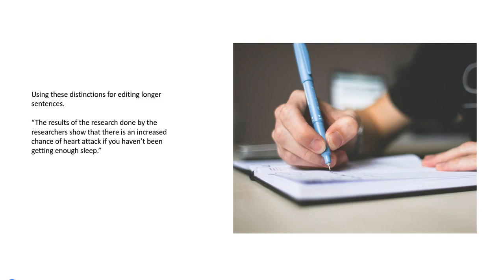The results. Are the results the actor in the sentence? Are they the agent? Who's doing the action? And can we get the actor in the subject position? I think the actor in the sentence is researchers. So here's a revamped version of that sentence.